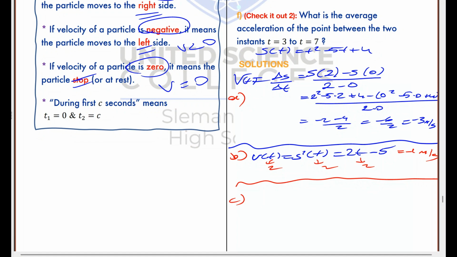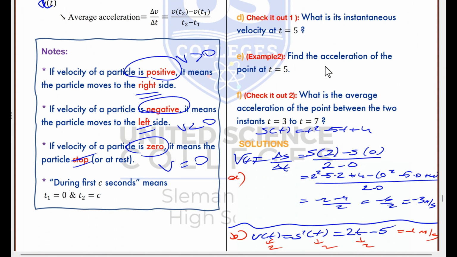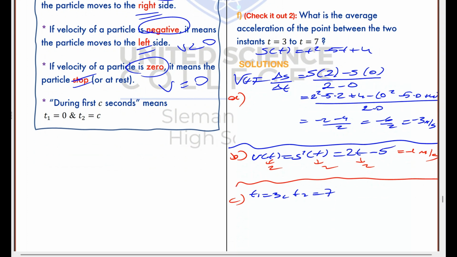Now, part C. Part C is asking about average velocity during this period from 3 to 7. Like the first part, our t1 is given as 3, t2 is given as 7. So average velocity is change in position over change in time. So change in position is s(7) minus s(3). Change in time is 7 minus 3.